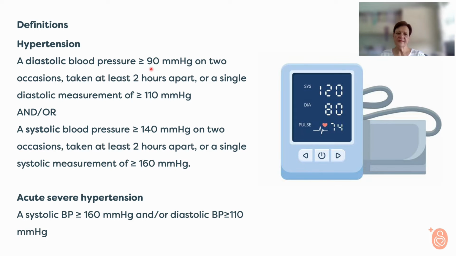If they're anxious and nervous, it's a good idea that if you have measured the blood pressure and it is above 140/90, to just give the mother a good rest, make a cup of tea or coffee and let her lie down, and then 2 hours later you take the blood pressure again. And if it's still above 140/90, we define that as hypertension.